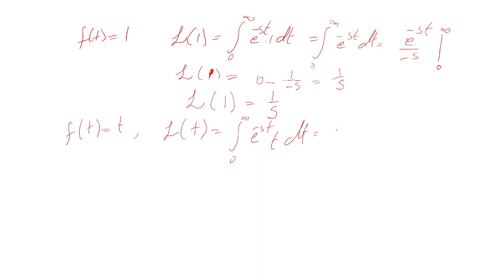Integrating the exponential, I will get minus e to the minus st over s times t, taking the limit 0 to infinity, and minus the integral from 0 to infinity of minus e to the minus st over s dt.